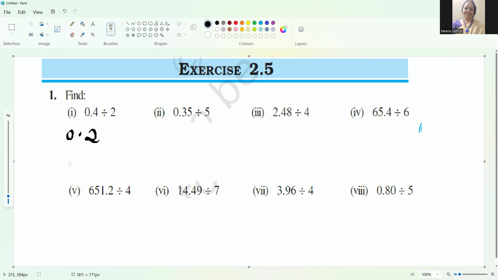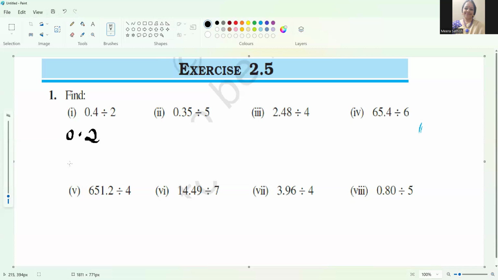See, this way is possible only if the denominator is a whole number. If the denominator is also a decimal, then it will not work out like this. Only if the denominator is a whole number, you can just divide the number without considering the decimal.